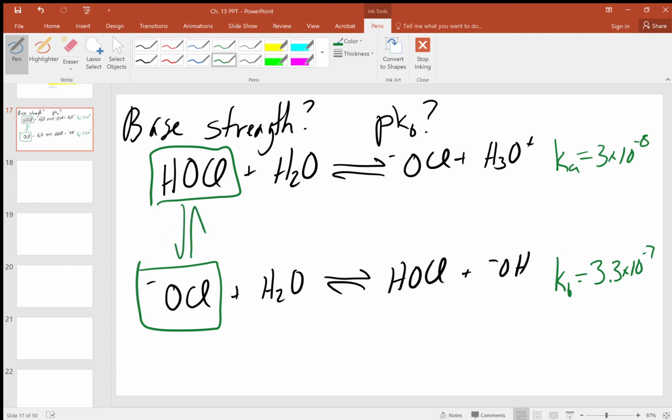Now, given that this is a conjugate acid, conjugate base pair, should there be a relationship between their Ka and Kb values? We know that a strong acid leads to a weak conjugate base, but will there also be a mathematical relationship?